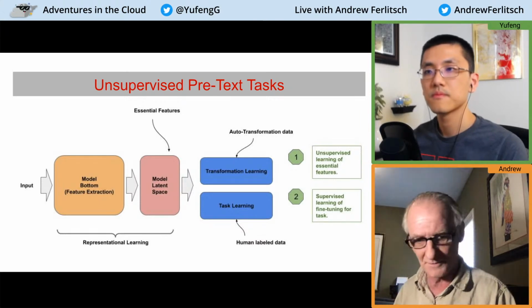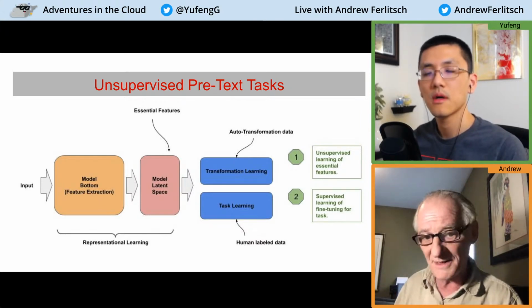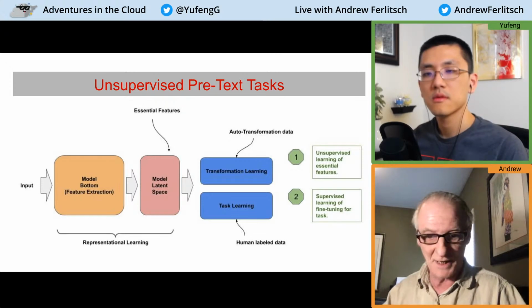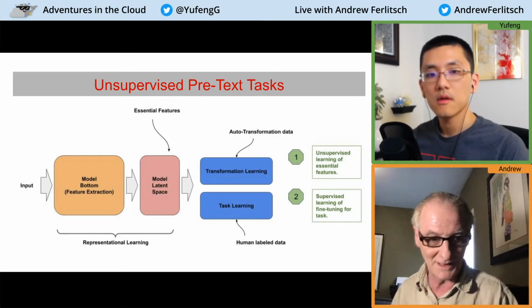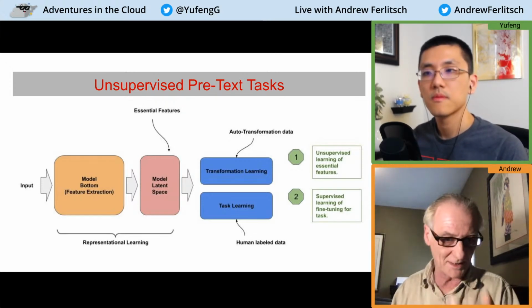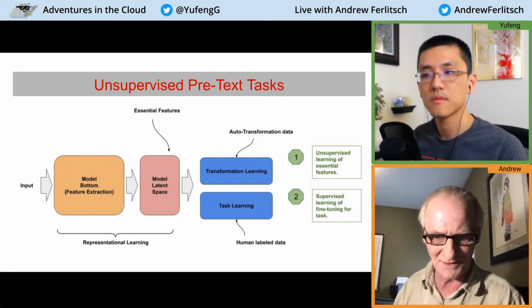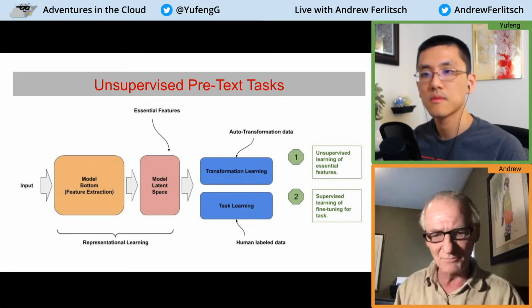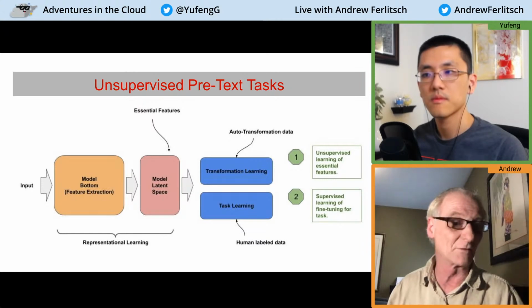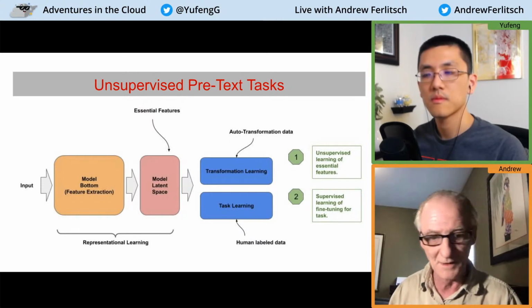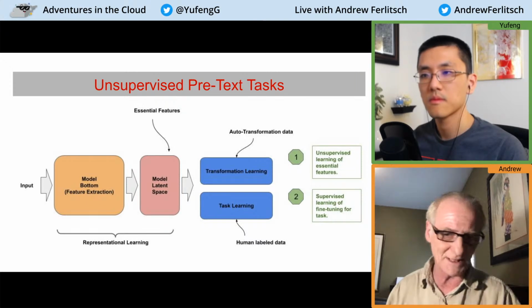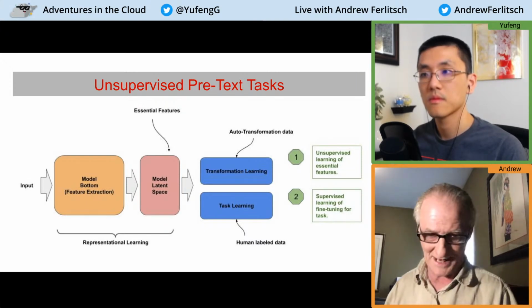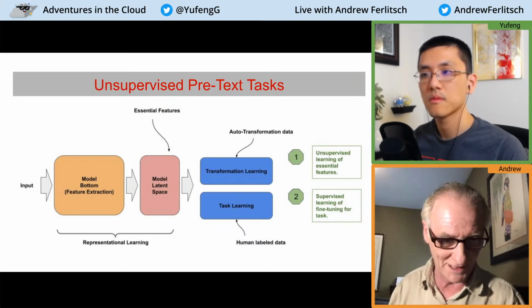How do you learn them? Well, if you think of a model, you've got the bottom of your model, and then it gets to the end where we get to the bottleneck layer, which we call the latent space. And that's input to the task learner, like learning image classification. If we tear that off and temporarily replace it with a different task, we call it transformation learning.